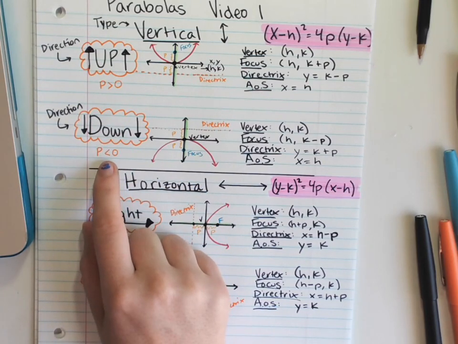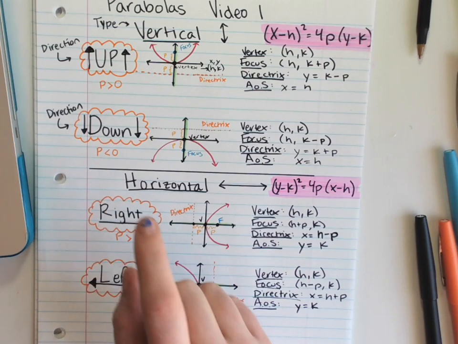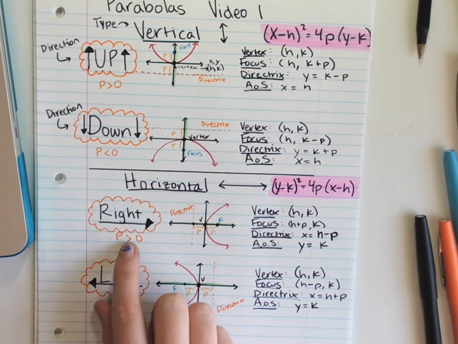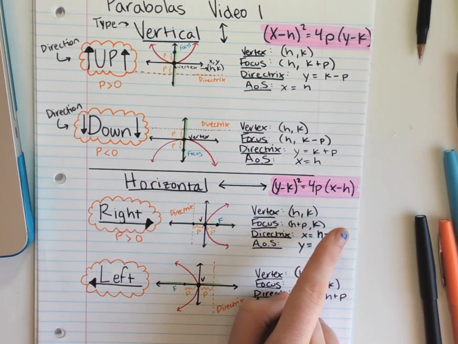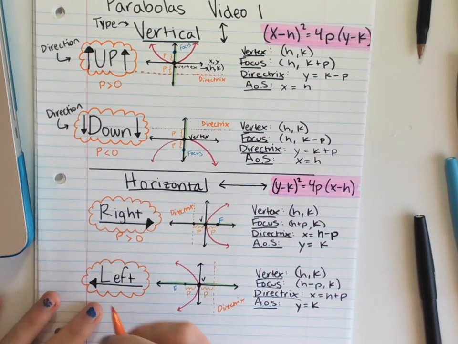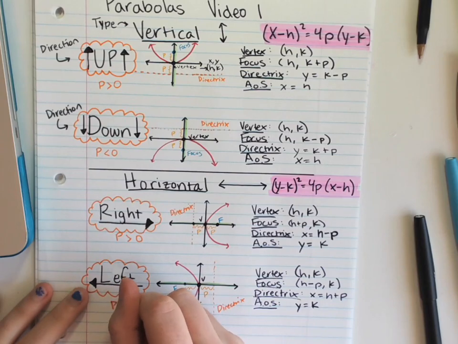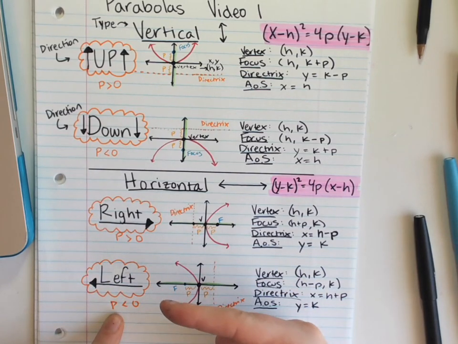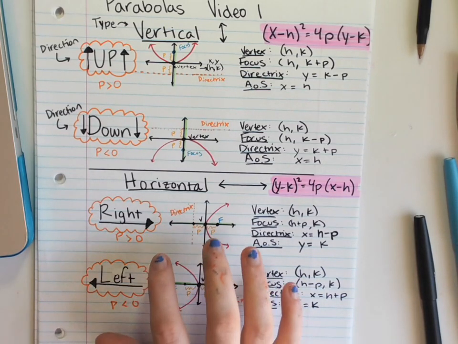If p is negative or smaller than 0, it's going to face down. Same thing with this. So if it's greater than 0, it's positive, so it's going to open towards the positive direction. I didn't write it down on this one. P is less than 0 or p is negative, it's going to face the negative direction.